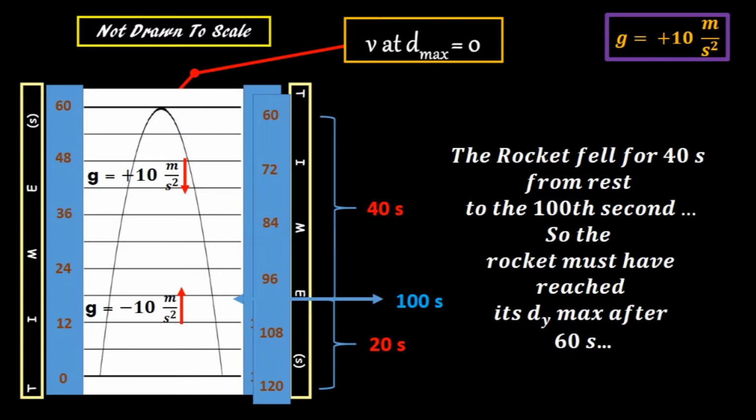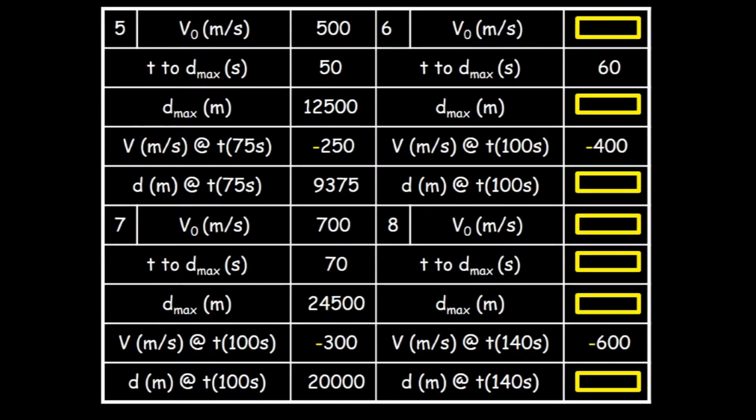So the rocket must have reached its d max after 60 seconds, and that's exactly what happened here. So what we'll do is we'll put in 60 seconds as the time to d max. So that'll be the first answer, and that's what we have here, 60 seconds.